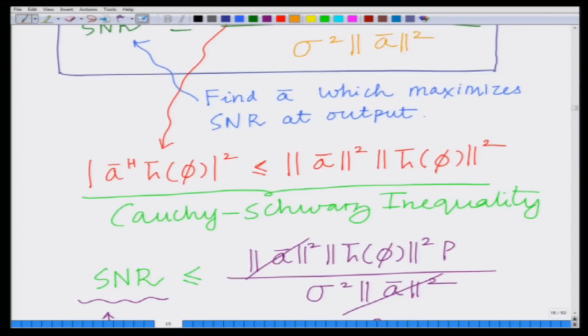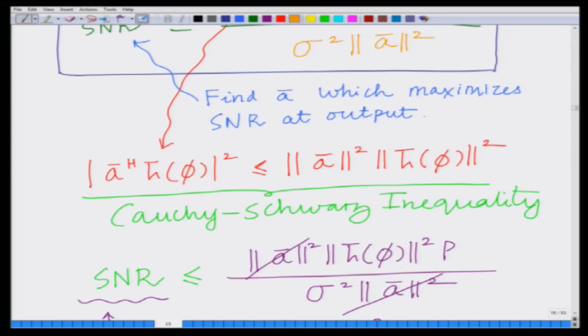Now, how do we choose the combining weights A1, A2, up to AL? Remember, for the Cauchy-Schwarz inequality, we have A bar Hermitian h bar phi magnitude squared less than or equal to norm A bar squared into norm h bar phi squared. Equality occurs only when A bar, that is the combining vector, is proportional to the vector h bar.